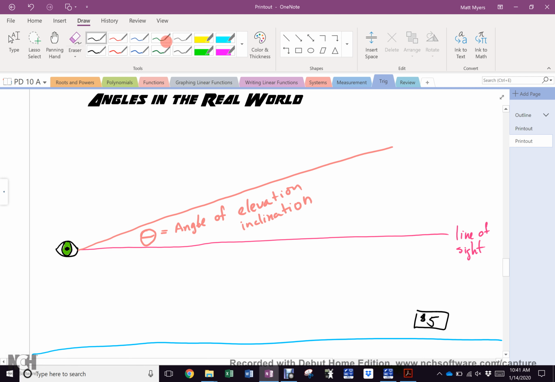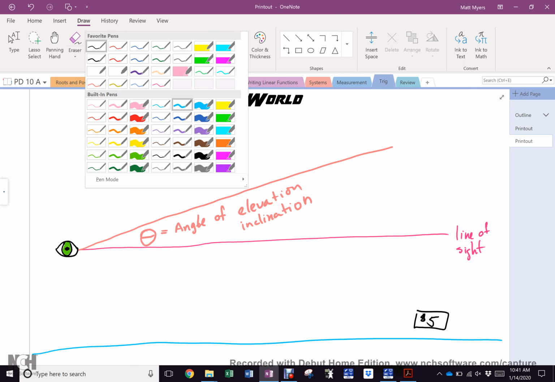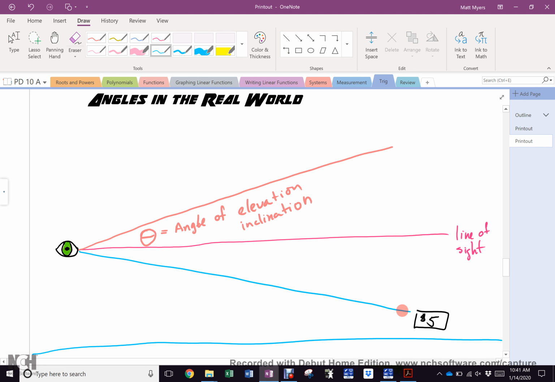Where does my eye go? Down to the $5 bill, creating what? Another angle. That is the angle of depression or declination. Everybody cool?